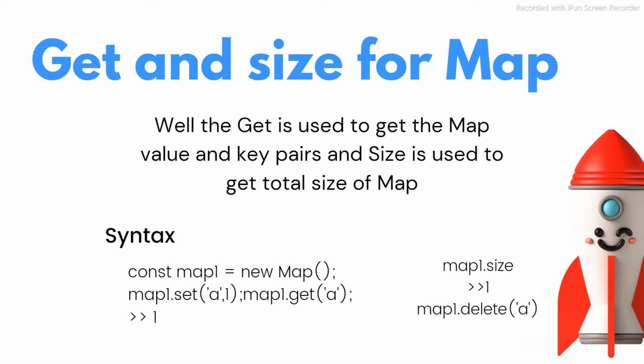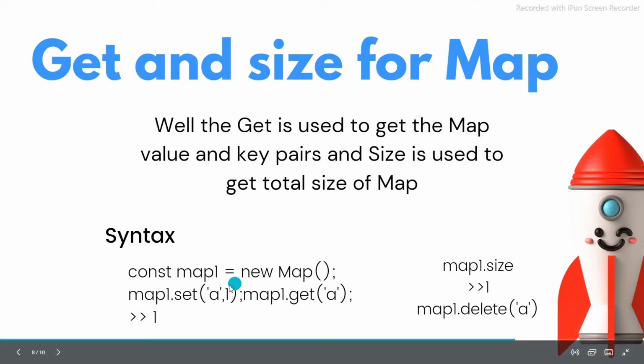When I call a specific object and say .size, it gives the total number of properties present. For this map we have only a single property and single value, therefore it gives us 1. When I create multiple values, it gives a larger count.